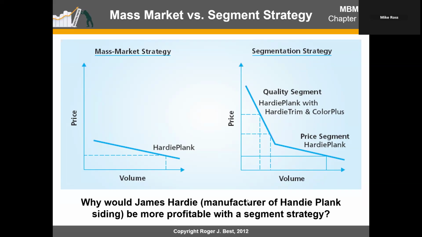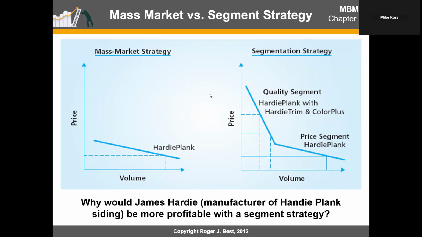This is appreciating, if we think about microeconomics, James Hardie, manufacturer of Hardie Plank siding. Okay. I'm not familiar with that, but you might say, if I use a demand curve from microeconomics, at the mass market level, the market for Hardie Plank, okay, I'm going to go with Hardie.